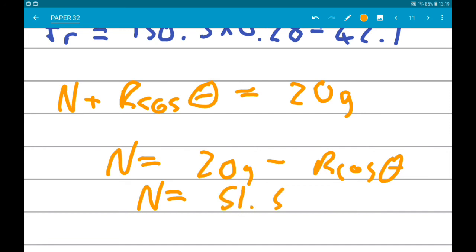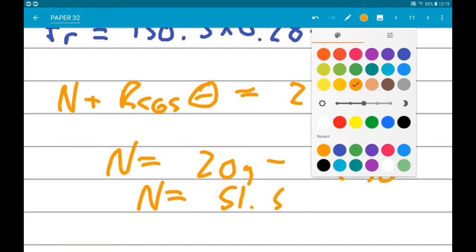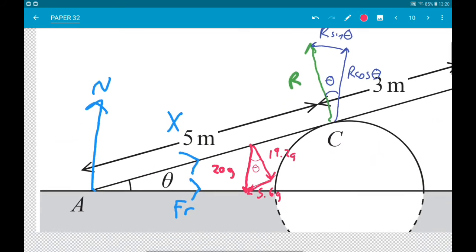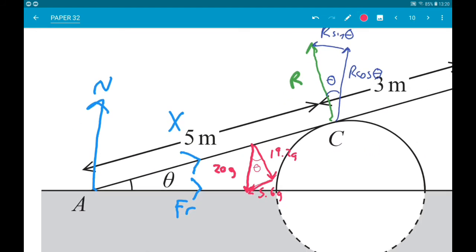Nearly there. So now we want X, which is the magnitude of N and friction.